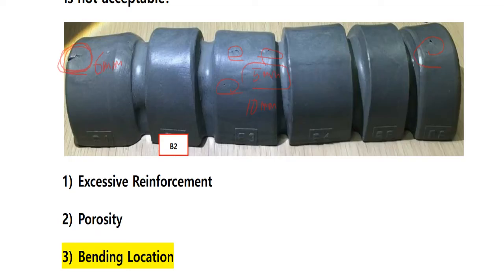Again, you're not able to figure out what the obvious imperfection is just looking at this bend test specimen. The obvious imperfection is given in the actual question, so don't worry about it. If this corner crack is bigger than 6 mm, then that's reject.